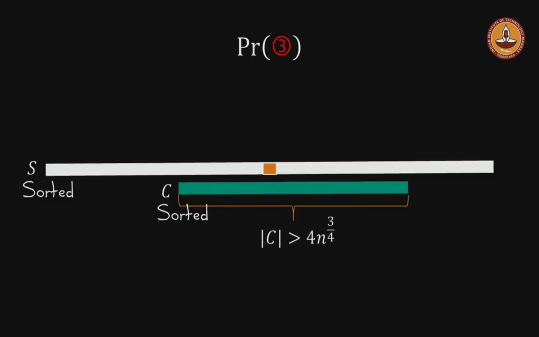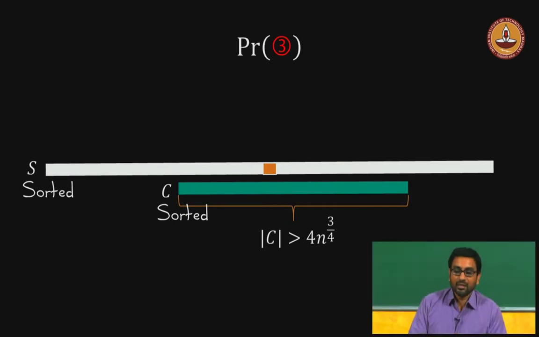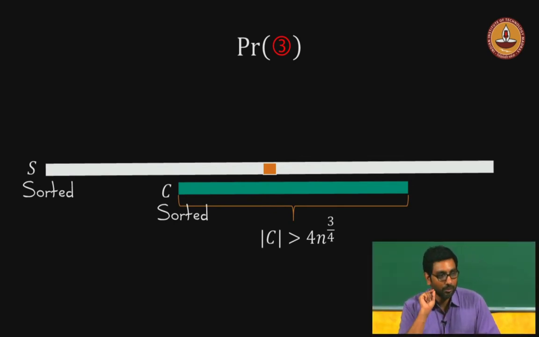Okay. Now, we are looking at the third bad event. We need to be again a bit careful about how to approach this bad event. This is the bad event that this C, this third object in our algorithm, is too large. In particular, we do not want it to be larger than 4 times n to the 3/4.